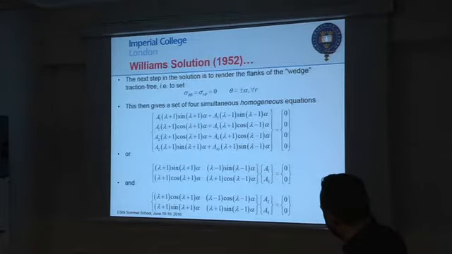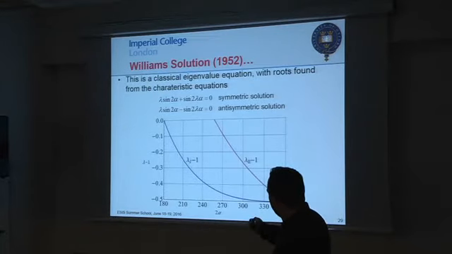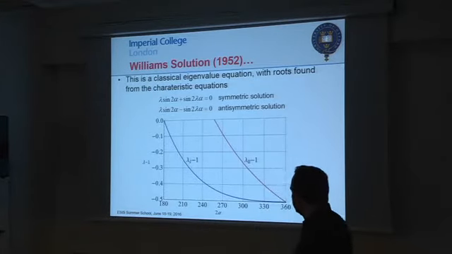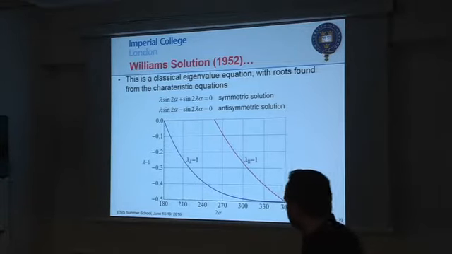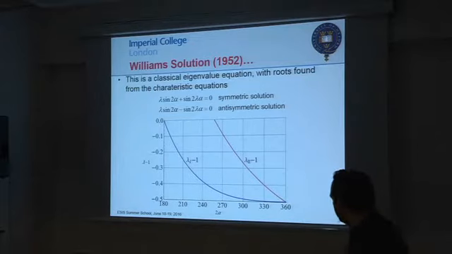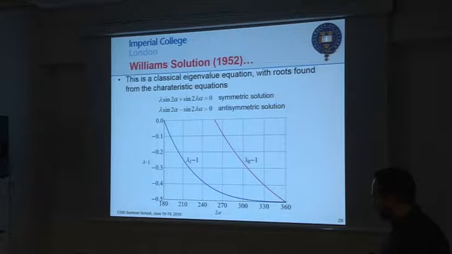So if you take the symmetric part, you need to find the roots of these problems to find lambda that satisfies the symmetric solution, and the roots of these problems for the antisymmetric solution.